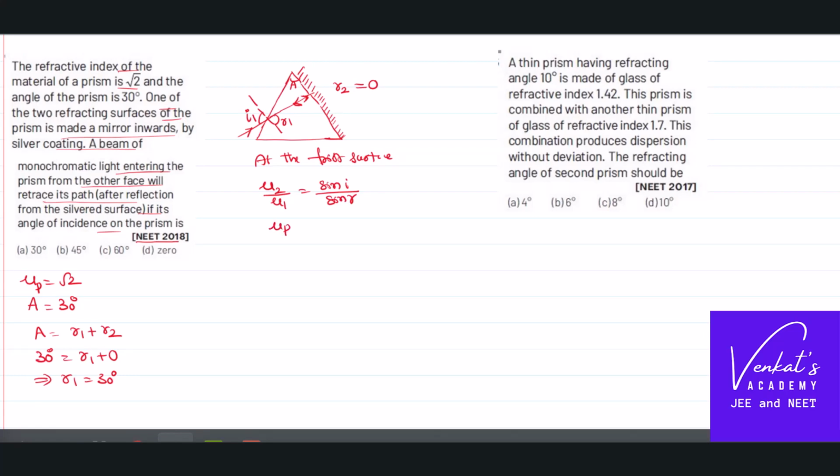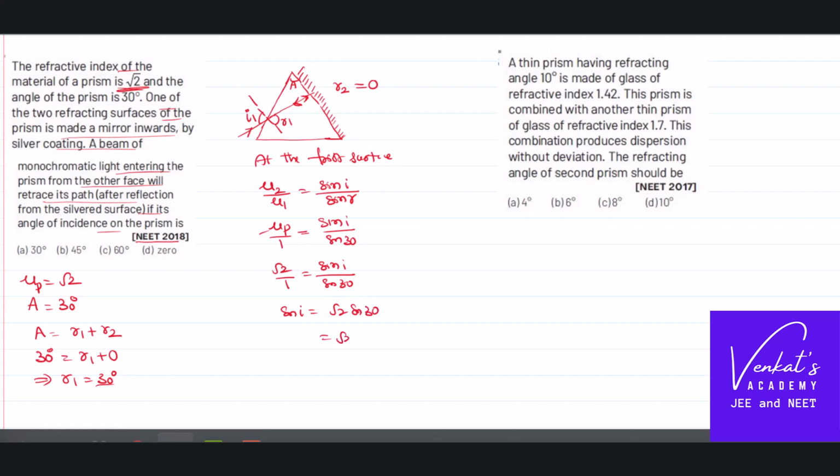Now the second one is prism, first one is air, sin I1 by sin R1, R1 already found as 30. Mu of the prism is given to us in the problem as root 2. That implies root 2 by 1 equals sin I by sin 30. So sin I equals root 2 into sin 30.